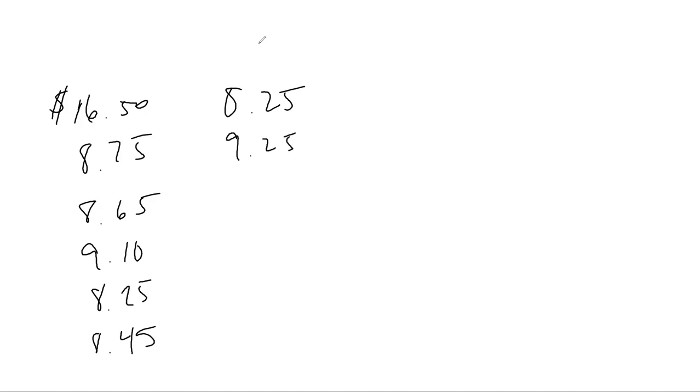First of all, the mean. The mean, we're going to add every number up and we're going to divide by 1, 2, 3, 4, 5, 6, 7, 8. When you add all these up, you get a big number.